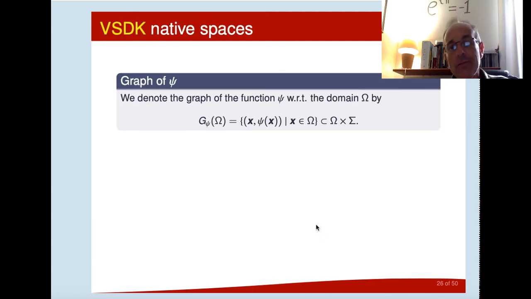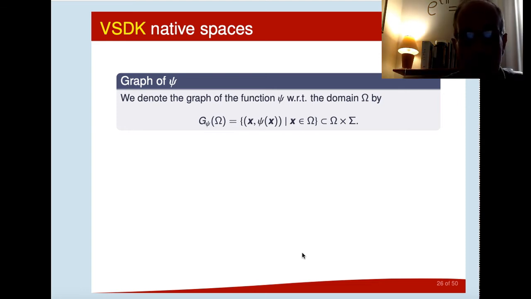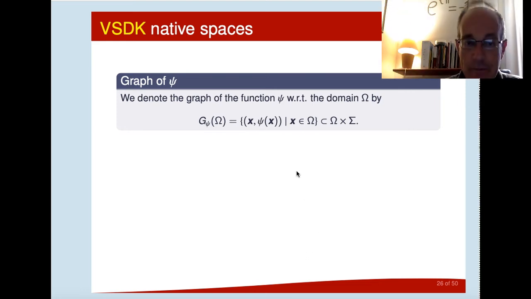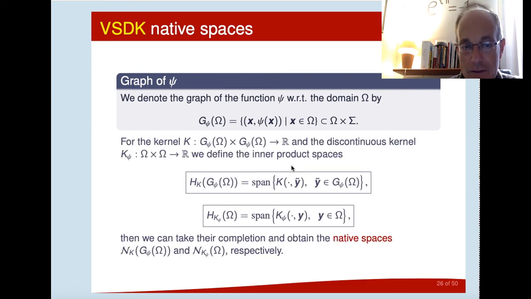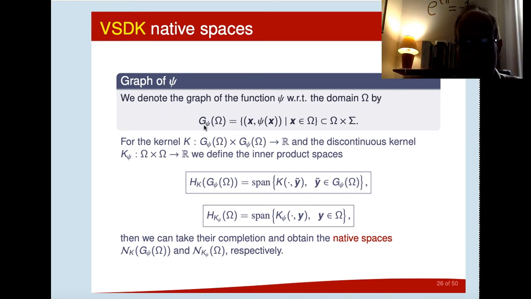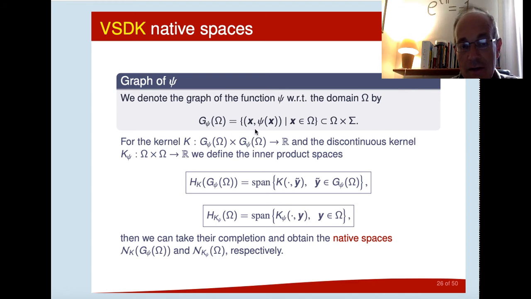So we need to introduce what we have already called the native space. For the native spaces, we need two things actually. We start from the graph of this function psi. So the graph of this function psi is the set of the points (x, psi(x)) with x in omega, so it's a subset of omega times sigma.